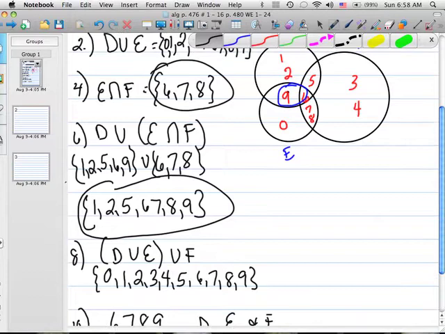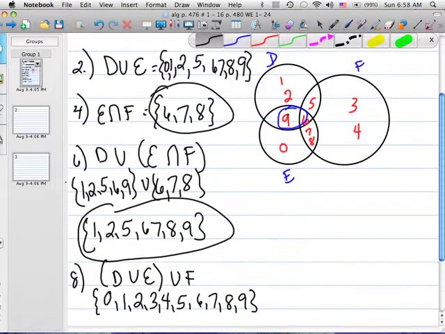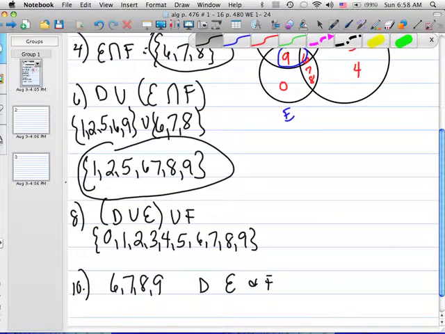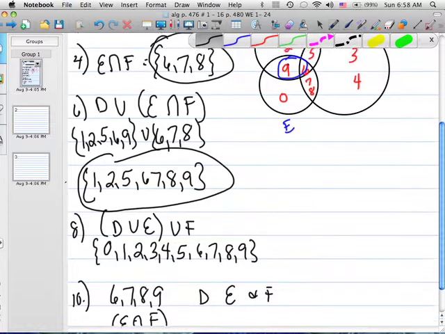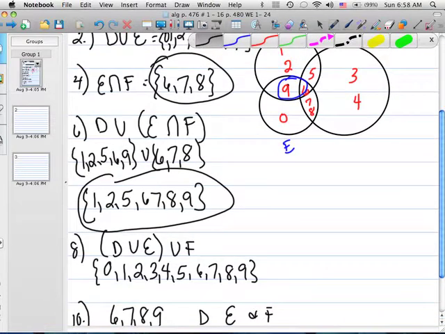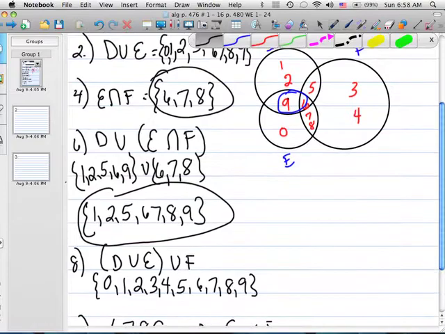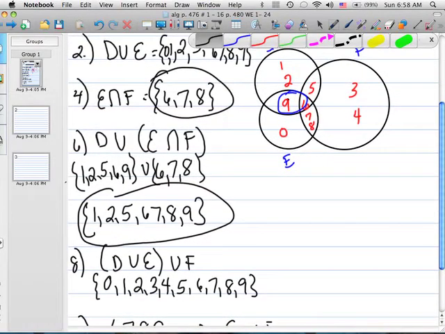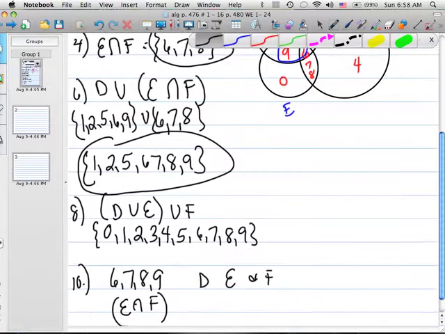Well, 6, 7, and 8 is the intersection of E and F. So if I said E intersection F, and 9 is in the intersection of D and E. I gotta get 9.